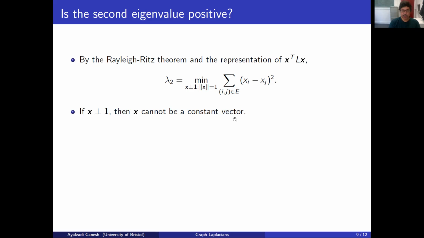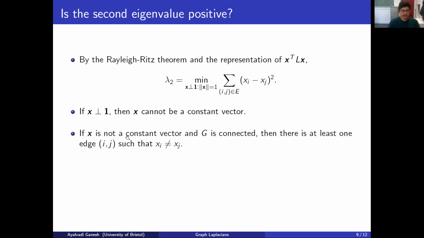If x is some constant non-zero vector, 0 never counts as an eigenvector anyway, its length is not 1. So if x is some other constant c, then it's c times the all one vector. The inner product is just c times 1 transpose 1, which becomes n. So it's c times n, it's not 0. So it has to be a non-constant vector if it's orthogonal to 1.